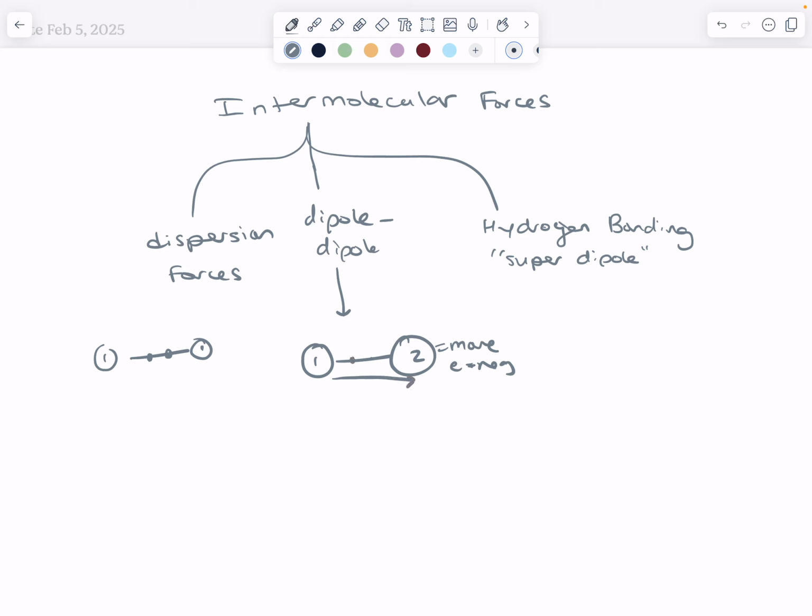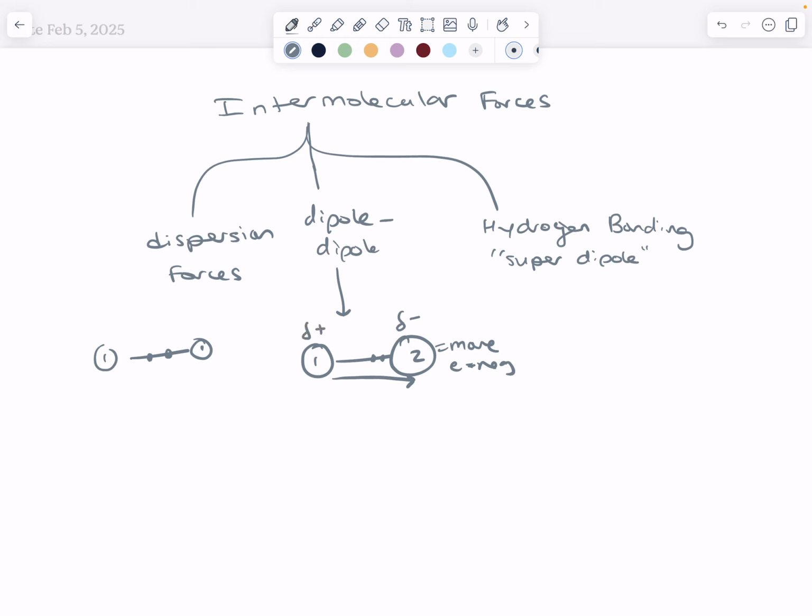It's more electronegative, and so it is better able to draw these electrons towards itself. So instead of the electrons being equally shared, it's more like the electrons are shifting over to be closer to atom 2. So there is one side that has extra electrons than the other. So we would say that that side is a little negative, and the other side is a little positive.